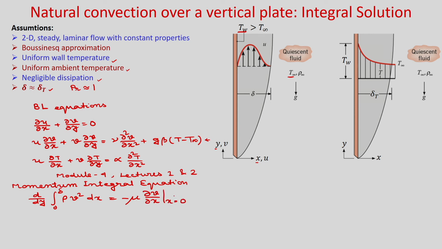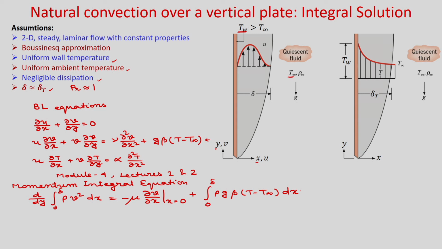What does it mean? It is the wall shear stress, and we have another term, the buoyancy term, which was not there for forced convection. We write that in integral form, from 0 to delta, rho g beta (T minus T infinity) dx.